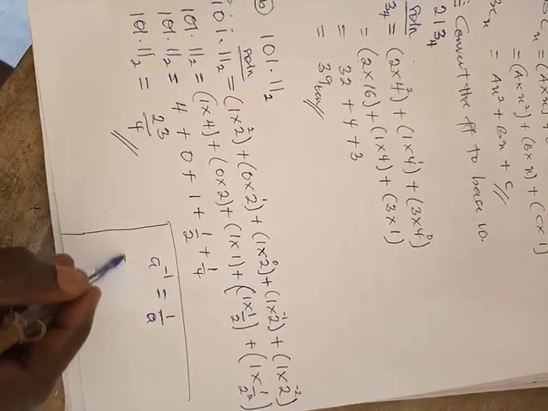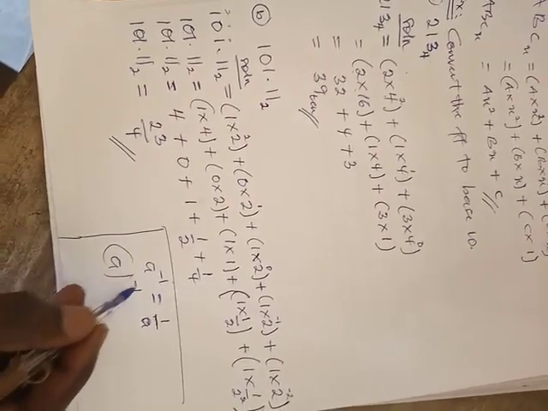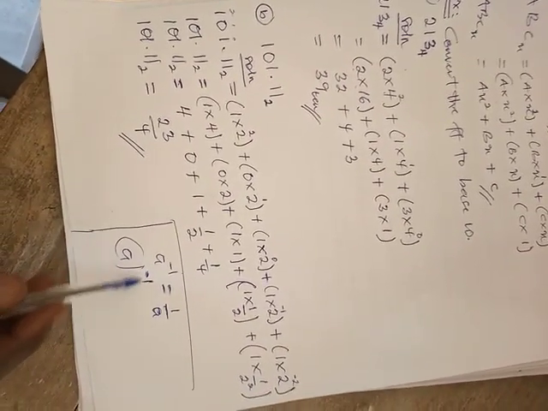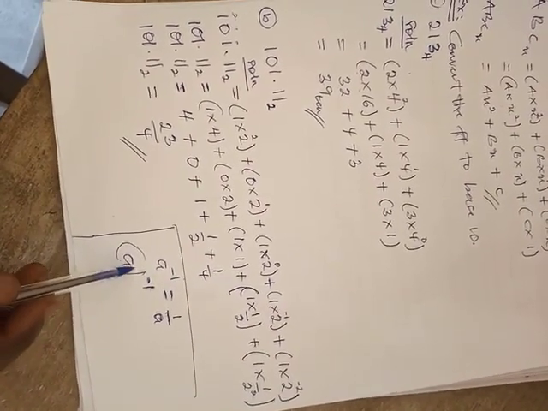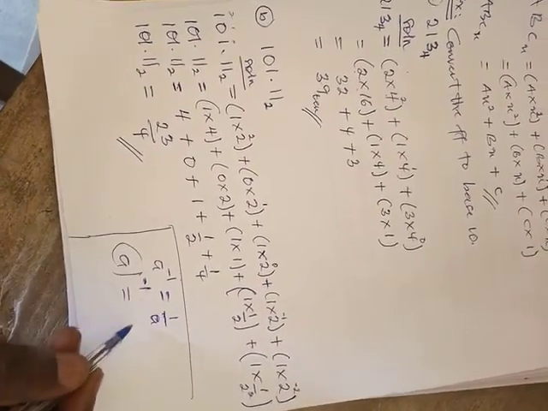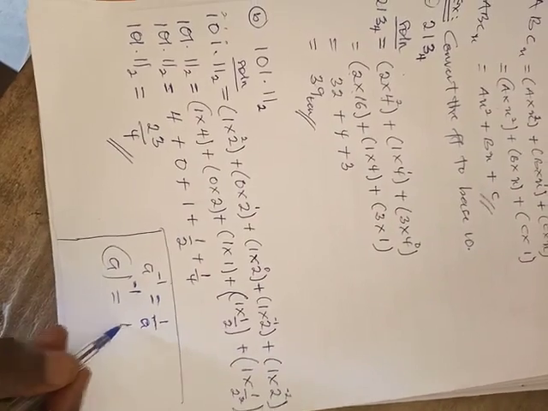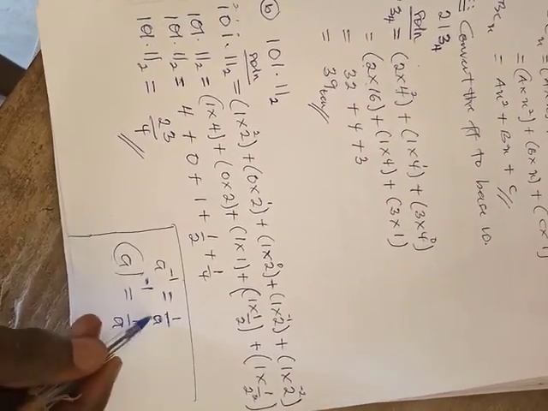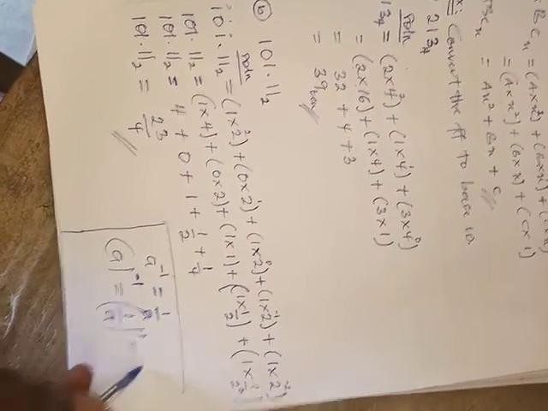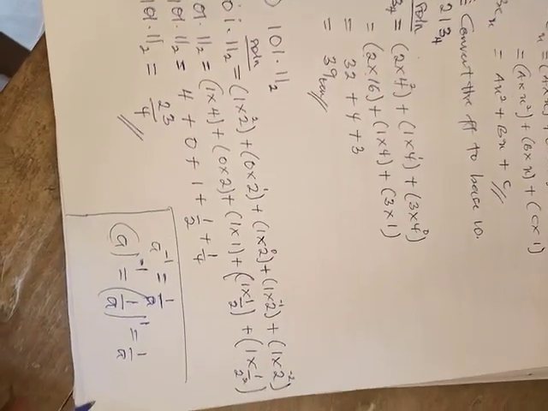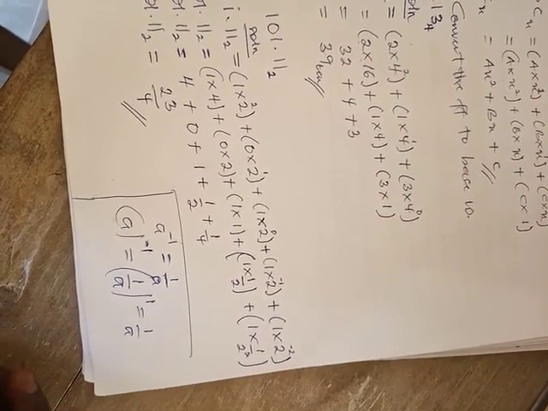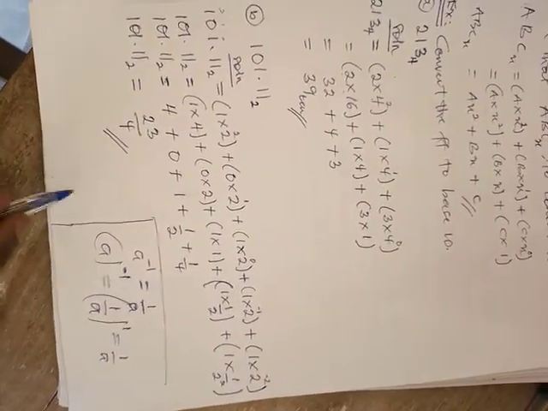However, if I want this exponent to change into a positive sign, I need to reciprocate this. Every whole number is over 1. So when I reciprocate it, it becomes 1 over a exponent 1, which is the same as 1 over a.